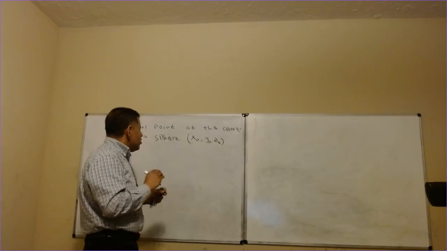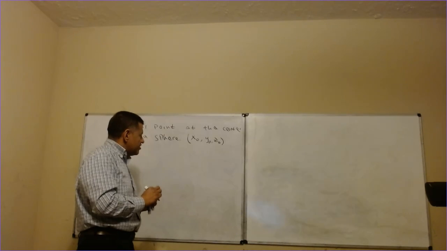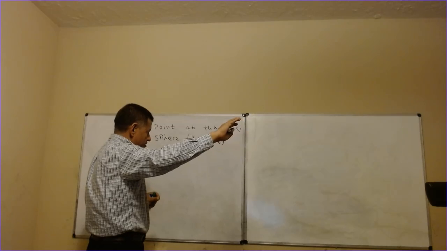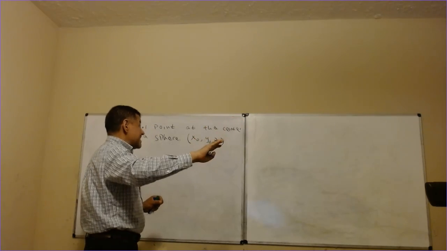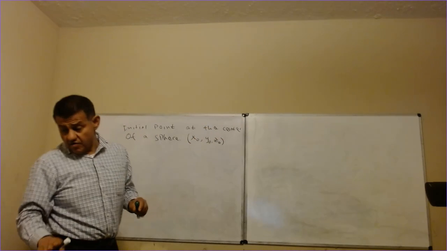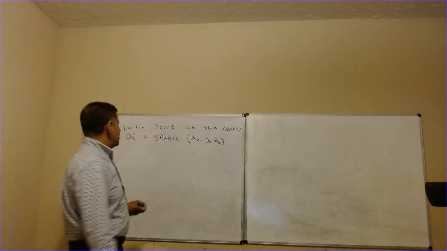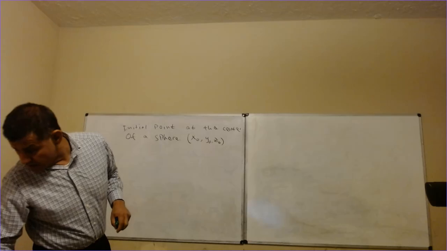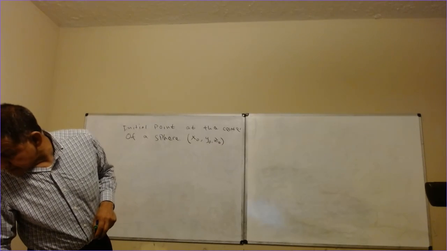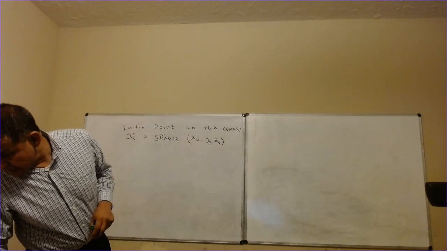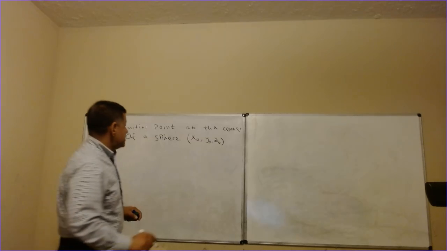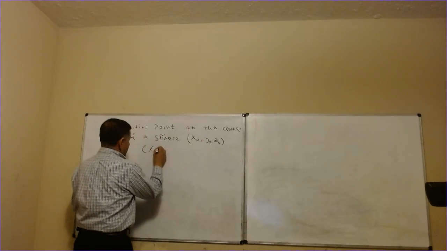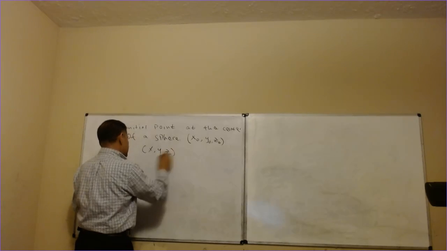We're looking for the distance from the center to the edge of the sphere, and that's the radius, right? That point we call simply x comma y comma z.